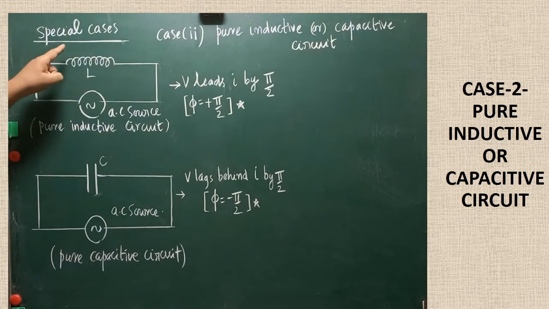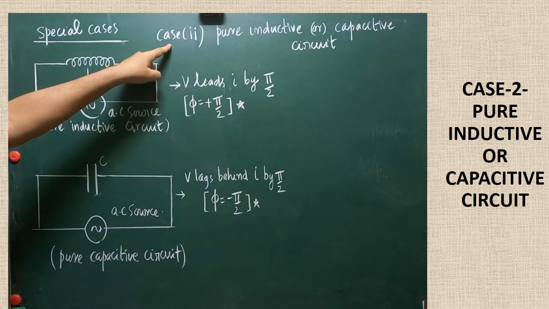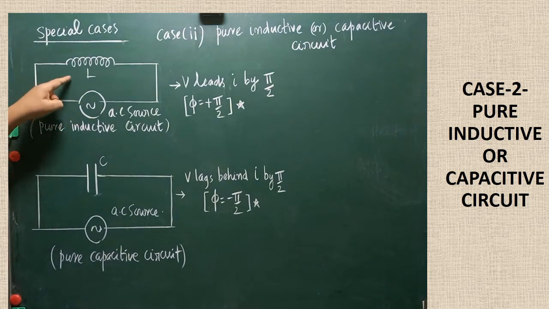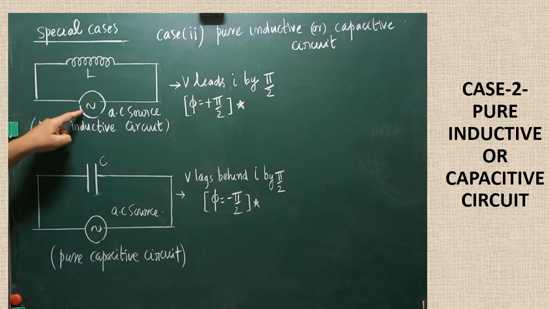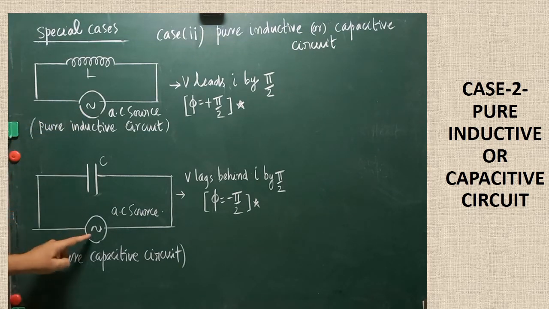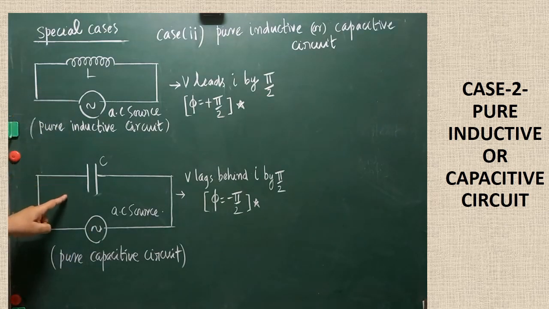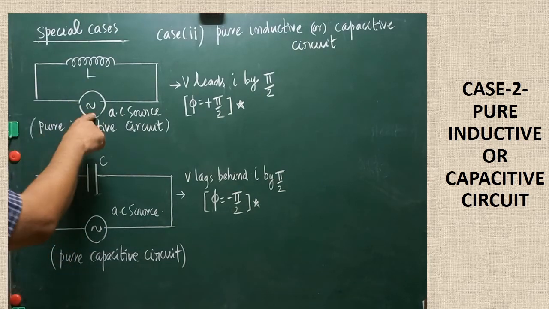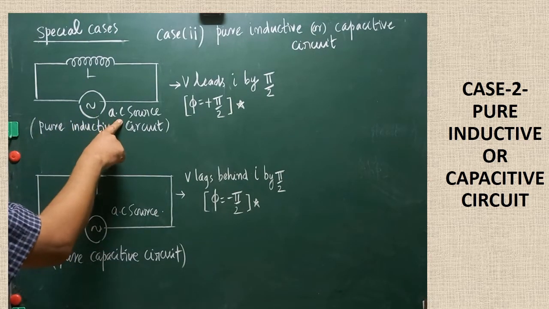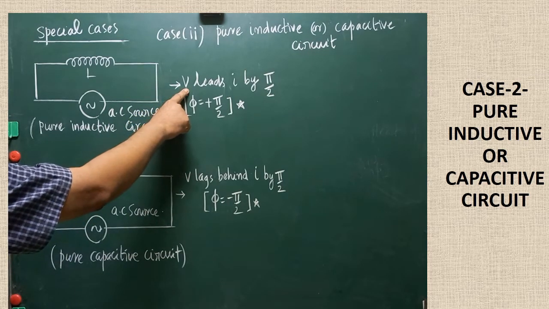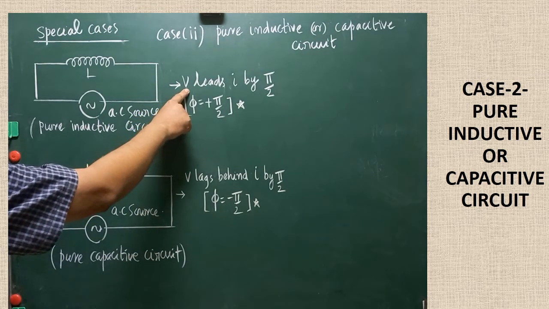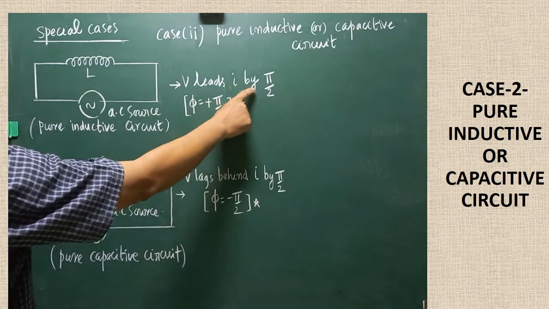Now we are going to learn the second special case. Look at both the two diagrams. In the first diagram, the inductor is connected with the AC source. In the second diagram, the capacitor is connected with the AC source. Already we have learnt both the two cases separately in the earlier discussion. When the inductor is connected with the AC source, already we have seen that the instantaneous voltage will lead the current by pi by 2.